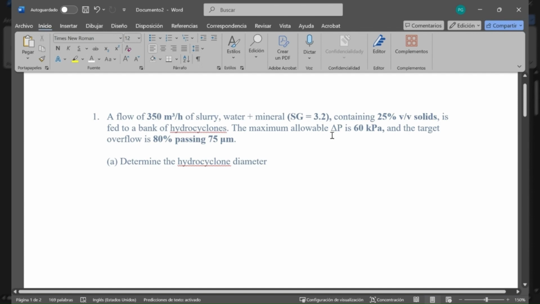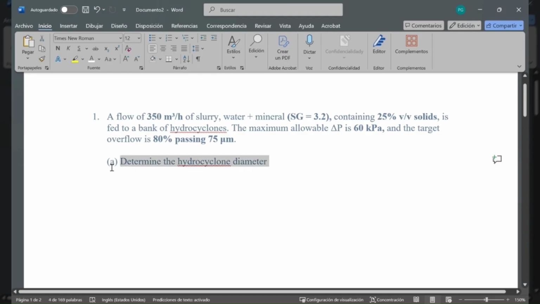The maximum allowed pressure drop is 60 kilopascal, and the target overflow is 80% passing 75 microns.